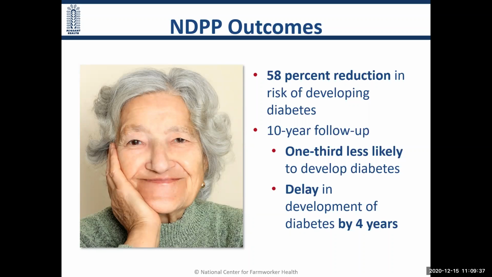Even after 10 years, people who participated in the National Diabetes Prevention Program were 1/3 less likely to develop diabetes. And those that did develop diabetes had a delay of about 4 years. So it took 4 years longer for them to develop diabetes. So very, very powerful outcomes, and you see those outcomes persist over time.